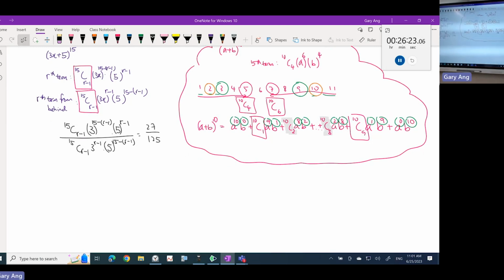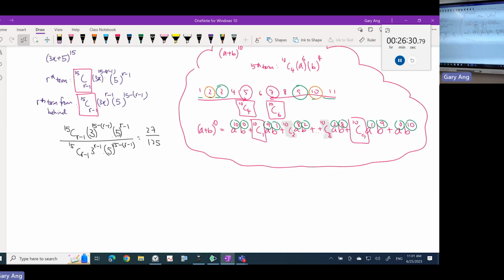Ratio is fractions. We should understand that since primary school. So instead of writing it with the dot, we write it as a fraction. That will make our life a lot easier. And we are only comparing coefficients, so we ignore the x completely. No need to worry about the x because the x will be a different power anyway. Nobody cares. What we care about is the number next to it. And more importantly, this nonsense that looks really difficult turns out to cancel out each other straight away. It doesn't make any difference to the 27 over 125.